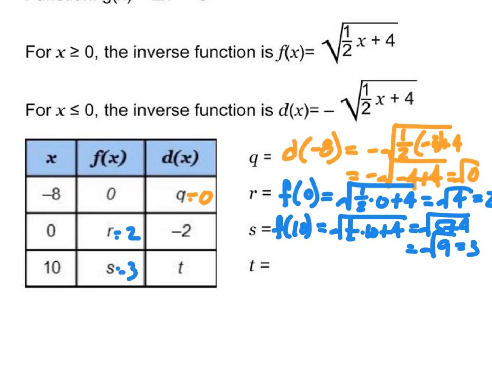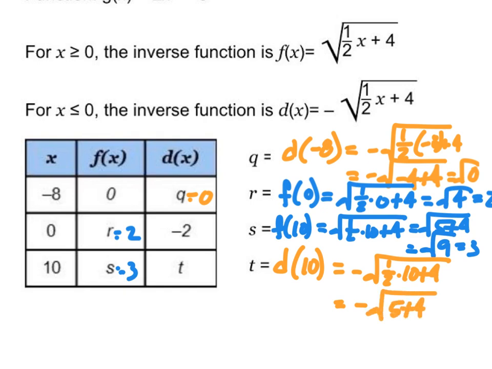Then to find t, I'm going to find d of 10. That gives me the same thing, except I have the negative square root of 1/2 times 10 plus 4. So that's negative square root of 5 plus 4, negative square root of 9, which is negative 3. So t is negative 3.